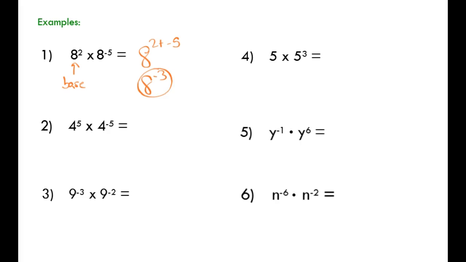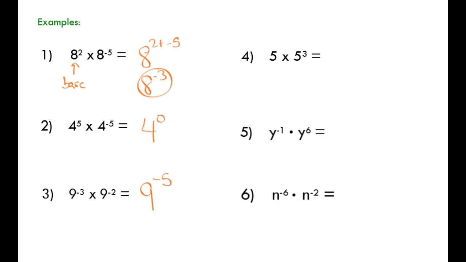Number 2, 4 is our base, so we keep that, and we're adding 5 and negative 5, and that's actually 0. We'll talk about what a 0 exponent means soon. Number 3, 9 is our base this time, and our exponents are negative 3 and negative 2. Add that together, get negative 5.